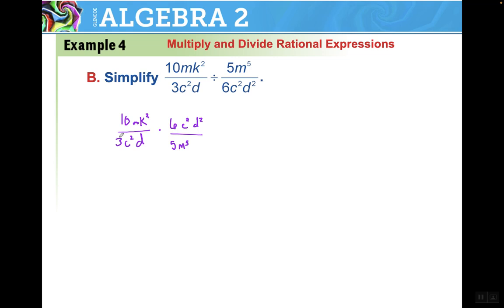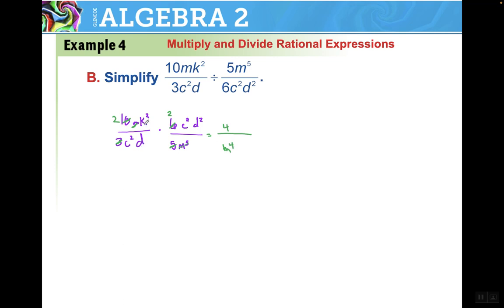Well, I'm just going to start by cross-canceling some of these numbers. So it looks like I'm left with a 4 on top. And then I have 1m here and 5m to the 5th down here. So then this is just going to be m to the 4th. So I'll write that.